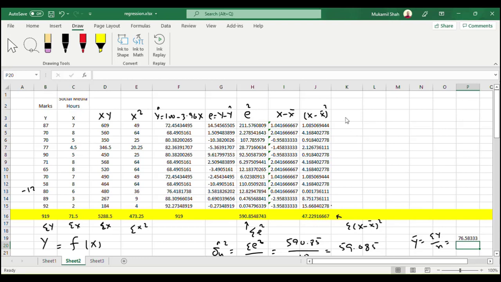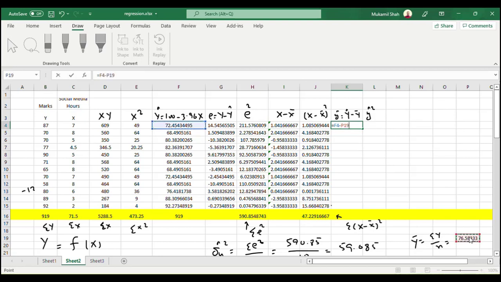All right, small y hat is equal to capital Y hat minus y bar, and then we need to square small y hat. So we need to generate these two columns. Small y hat is equal to the first capital Y hat value minus y bar.